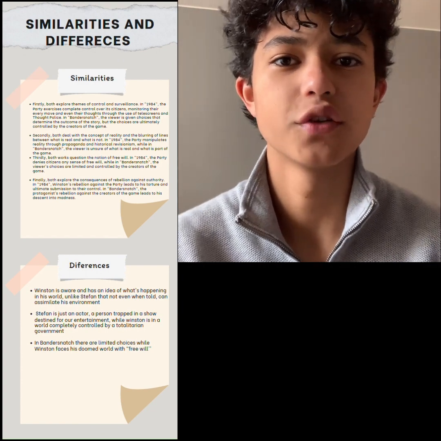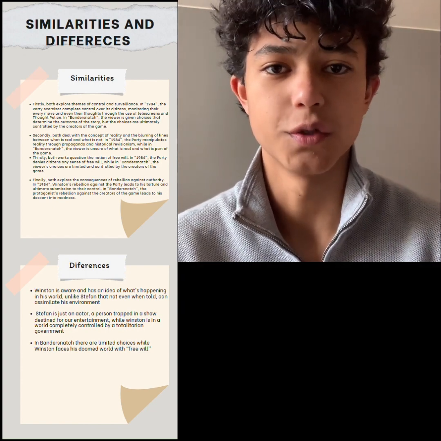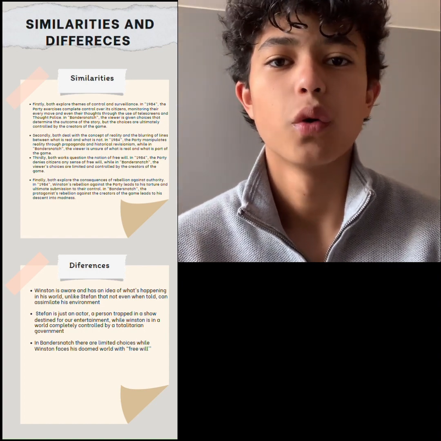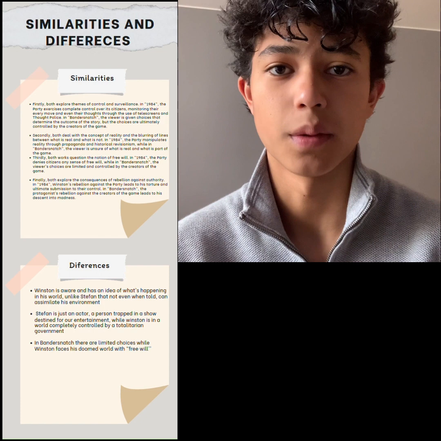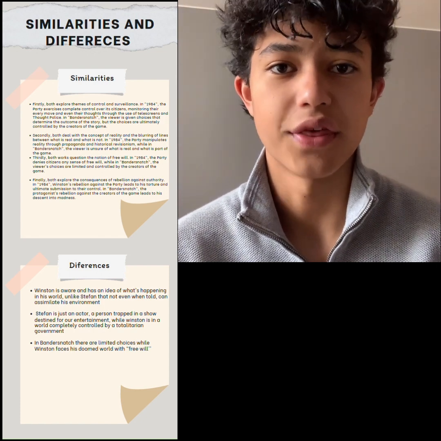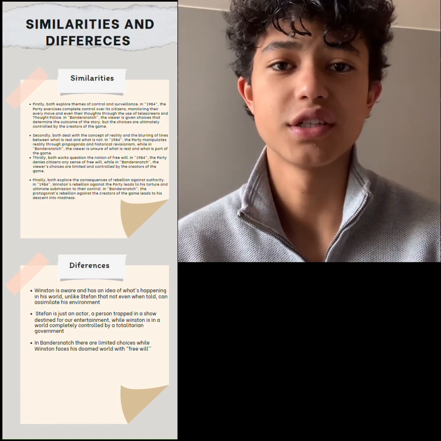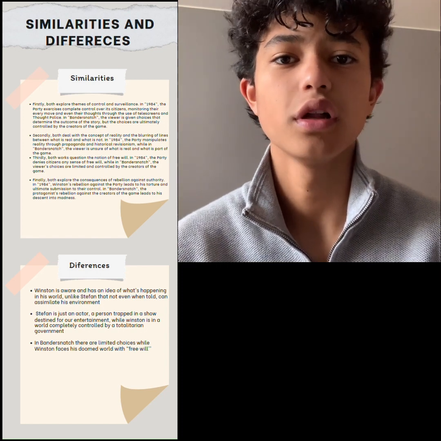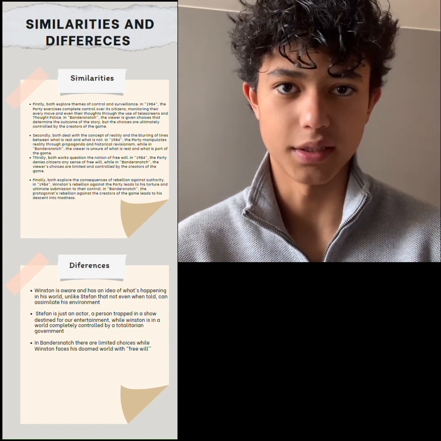I'm going to talk about differences and similarities between 1984 and Bandersnatch. As a group, we chose 4 differences to talk about. First one, themes. 1984 is a dystopian novel that explores themes such as government control, totalitarianism, and propaganda.